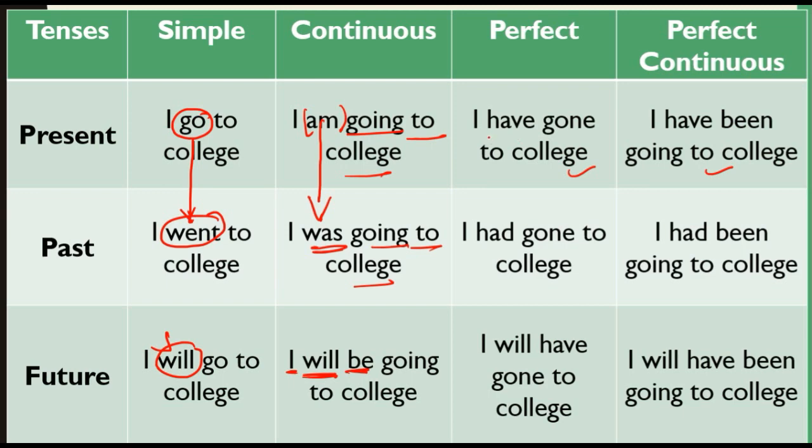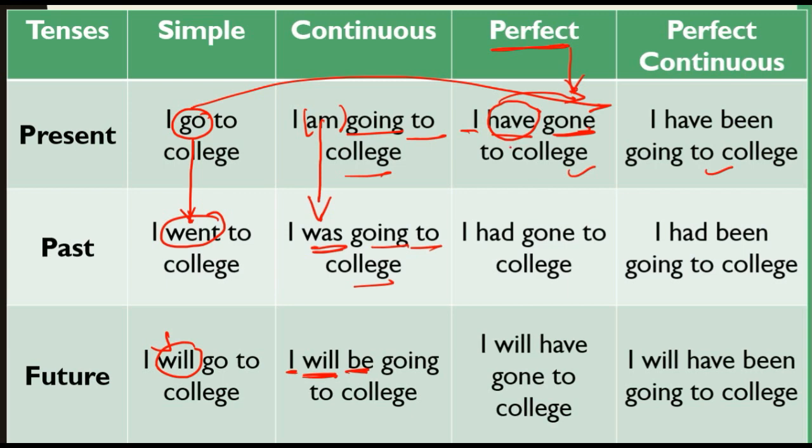That's how the sentence I have gone to college came into the picture. The moment you use have, has or had, which are helping verbs, automatically the action word in perfect tenses will be in past participle form. So the past participle form of go is gone. That's how we got the word gone, and the sentence became I have gone to college.